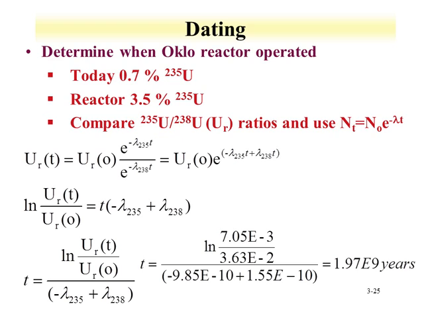For a reactor, about 3.5% of the uranium needs to be 235 in order for the reactor to go critical. So we're going to base this assumption on saying we need to figure out what was the time when uranium-235 was 3.5% of the uranium, knowing that it's 0.7% today.